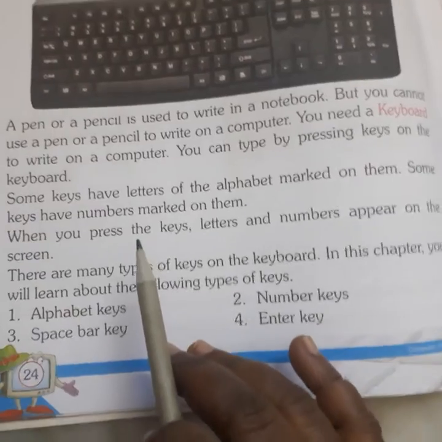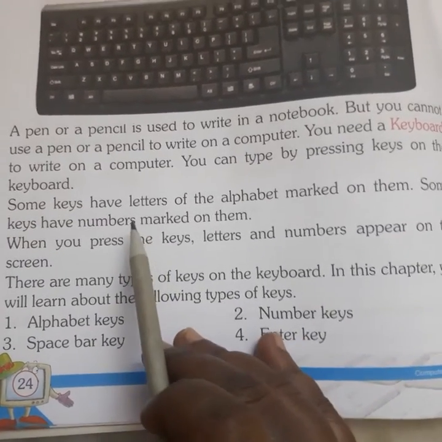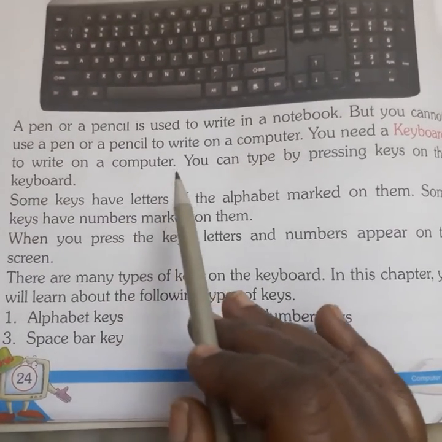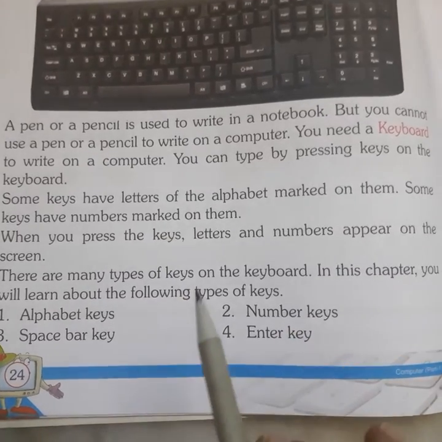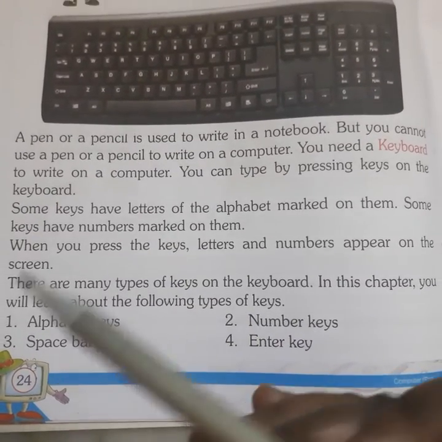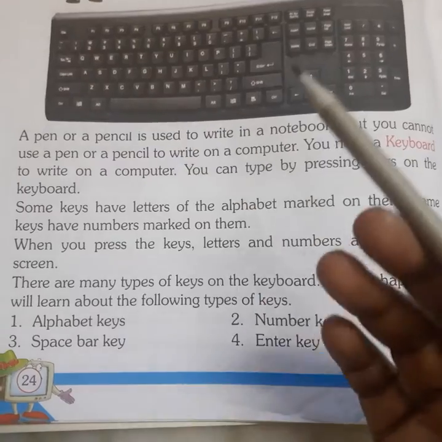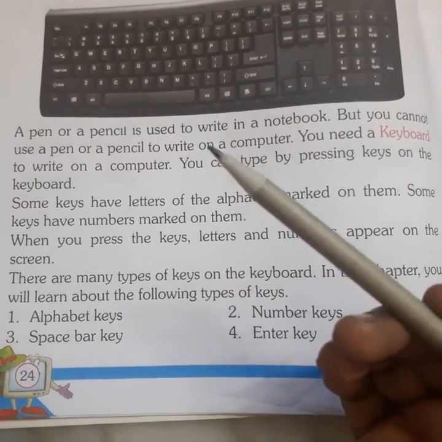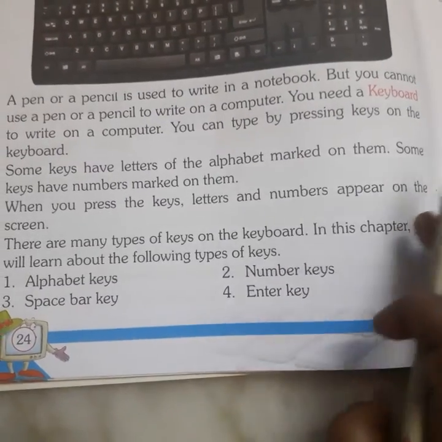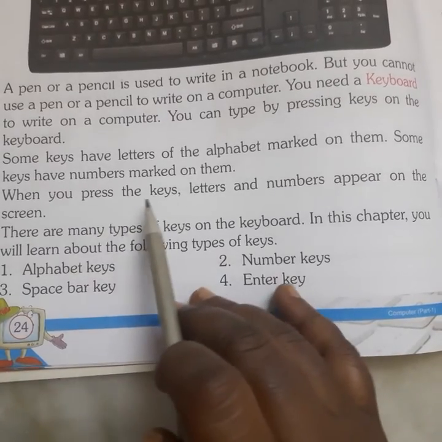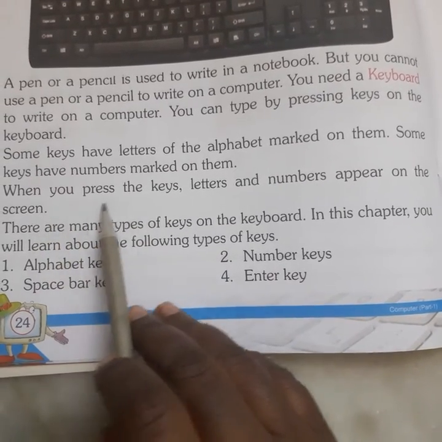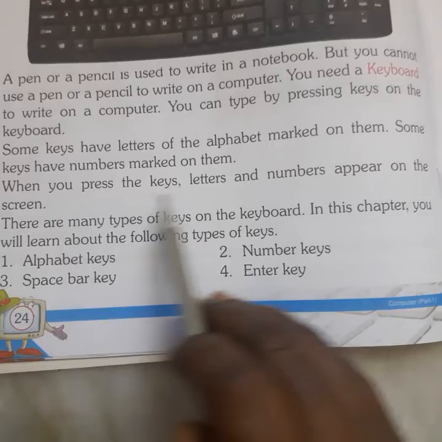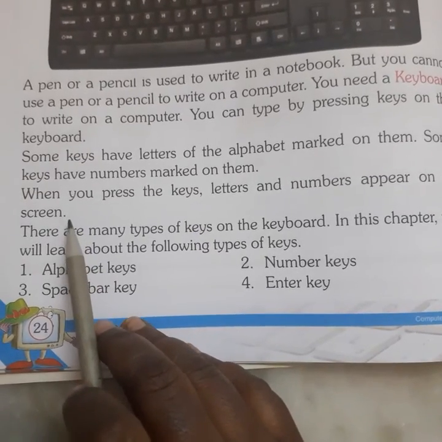For example, if you have to write computer, you should press C, O, M, P. Like that you press the keys, and the letters will be typed on the monitor. When you press the keys, letters and numbers appear on the monitor, that is, the screen.